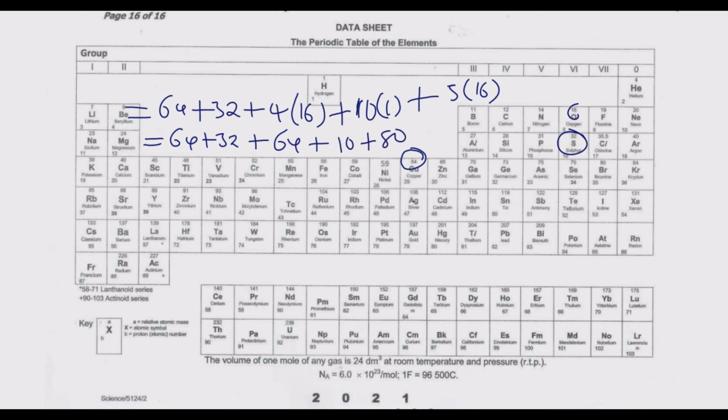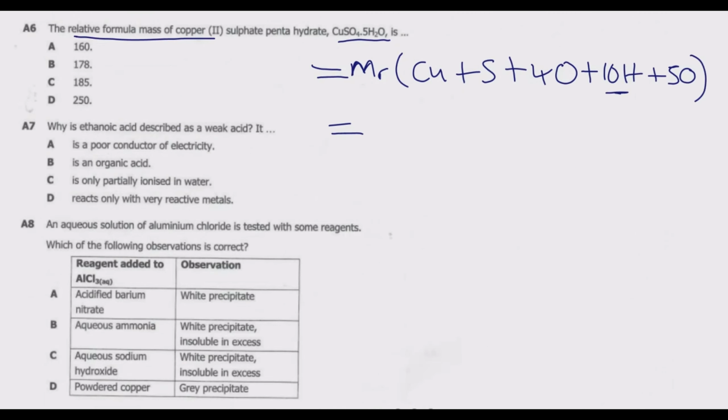When we add this, 64 plus 64 is 128 plus 32 is 160, plus 10 is 170, plus 80 is 250. So 250 is the answer. When you come here, we notice that the answer is 250, which is D. So D is the correct answer.